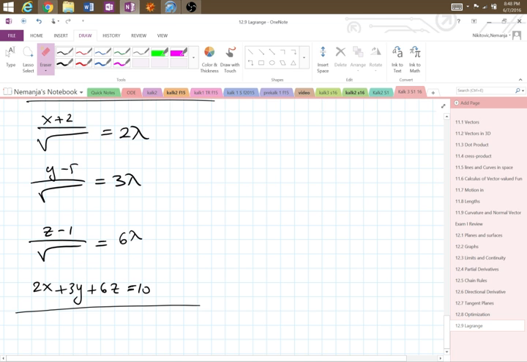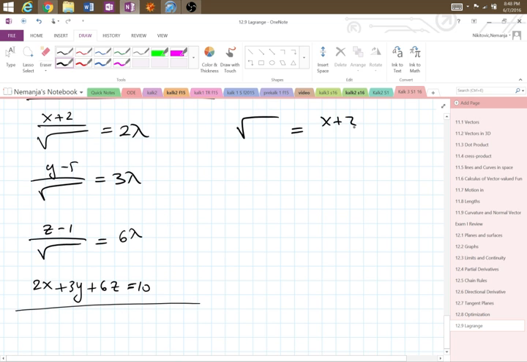So we might want to try and solve for the square root. The square root would be equal to x plus 2 over 2 lambda, also equal to y minus 5 over 3 lambda, and also equal to z minus 1 over 6 lambda.